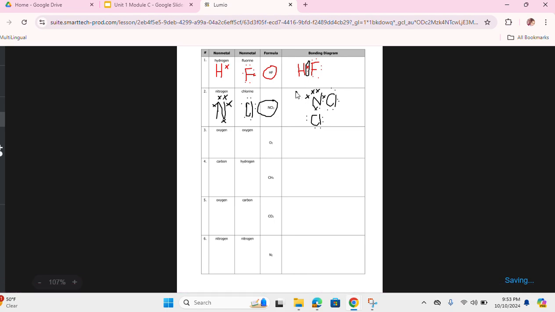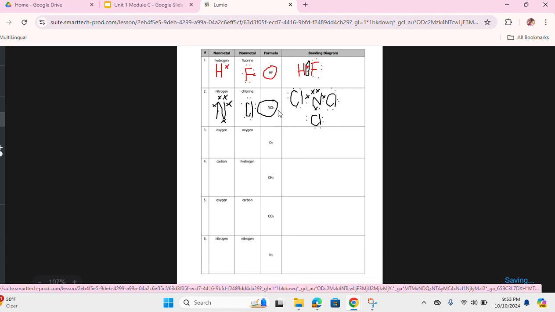And then a chlorine on this side, with 7 dots. So we can see that was a little bit of a tricky one. With that, you should be able to do H2.